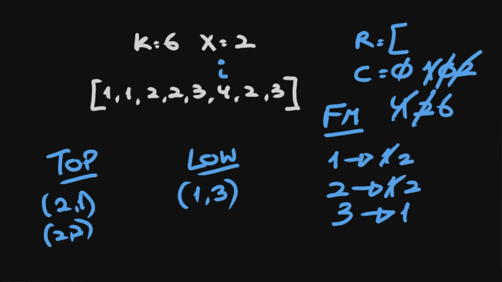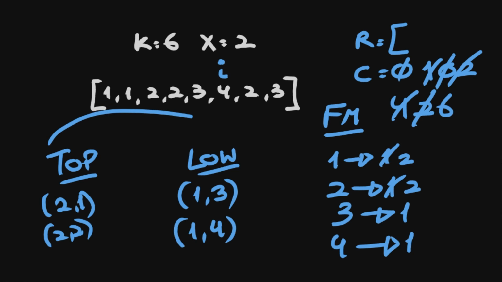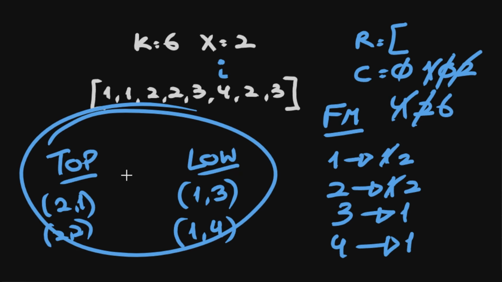So we keep this as it is and continue. Now we are here, so we go to the frequency map and we check if we have number 4, and we don't, so we add 4 with a count of 1. And we need to add this information in low, so we add a tuple with frequency and number, and we are checking if we need to balance this.